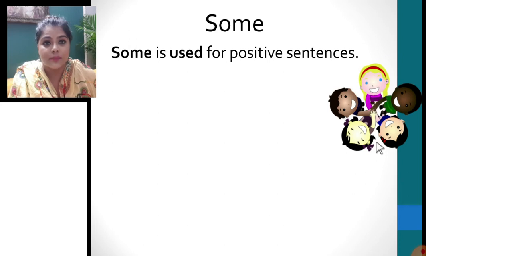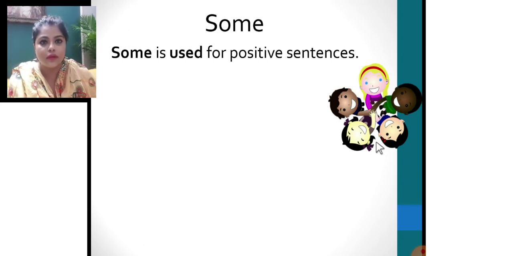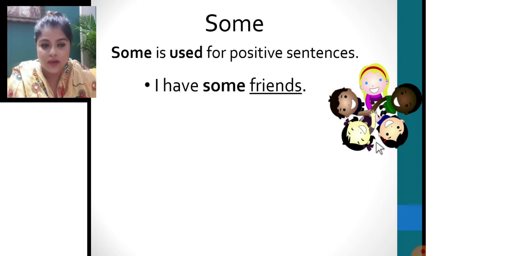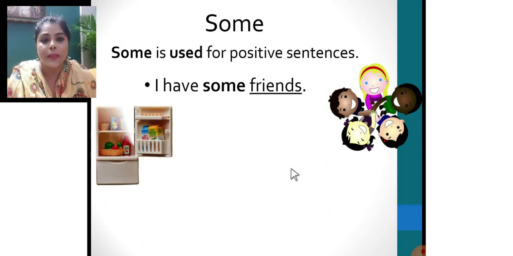Let's see one example here. I have some friends. Now here it's a positive sentence. Some is here a quantifier and friends is the noun. I have some friends.